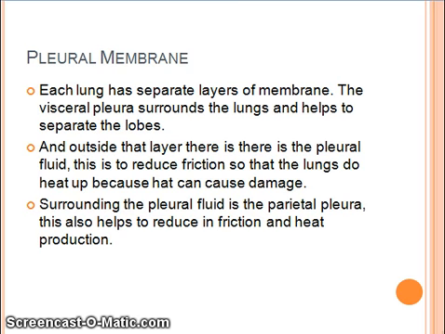Surrounding the pleural fluid is the parietal pleura. This also helps to reduce friction and heat production. As we don't need 2 of these, therefore, if one lung collapses, then we can continue to use the other because the one that hasn't collapsed will stay airtight.